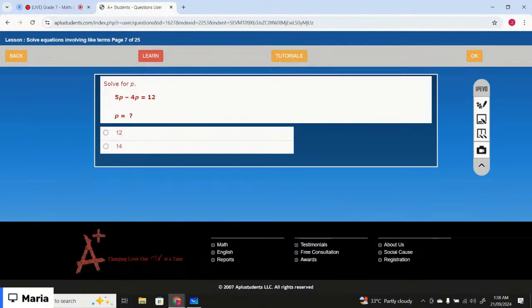Solve for P. 5P minus 4P equals 12. So which is the correct option?